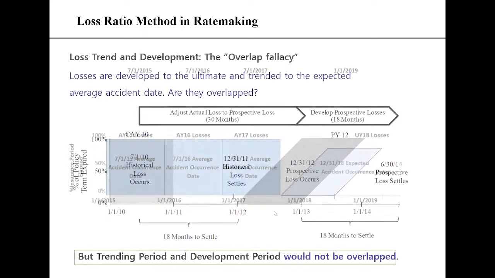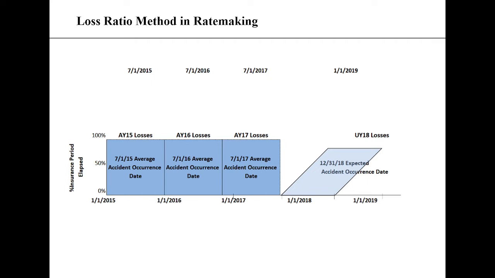And I also want to point out that, normally, let's say when I do the ratemaking for personal automobile, the loss ratio that I'm going to use is the previous 3 years. So if I explain it step by step, in order to come up with the loss ratio in terms of claims, first 3 years.